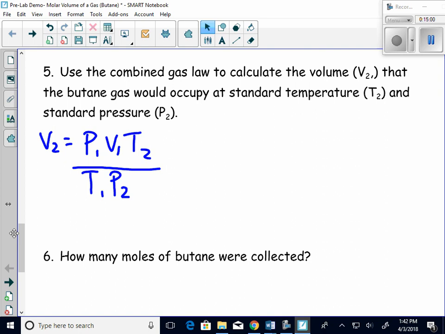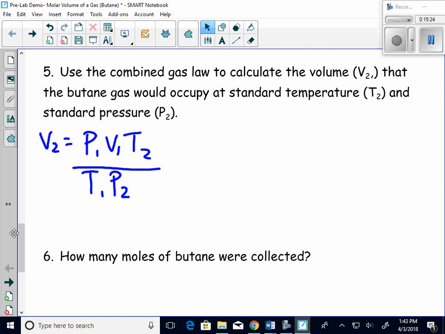How did I get that? I manipulated the equation to solve for V2. So V2 is equal to P1, V1, T2 all over T1, P2. Remember that the 1s were the ones I did in the experiment. The 2s were the STPs.